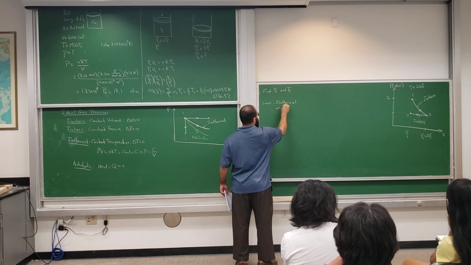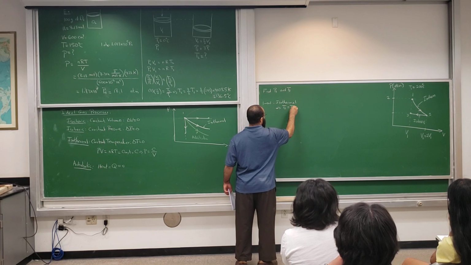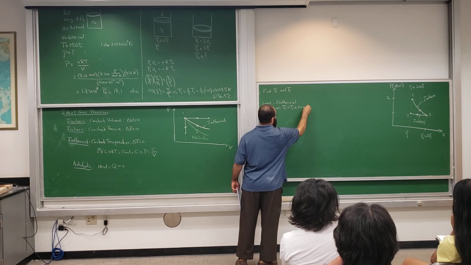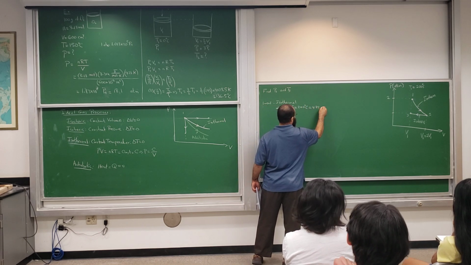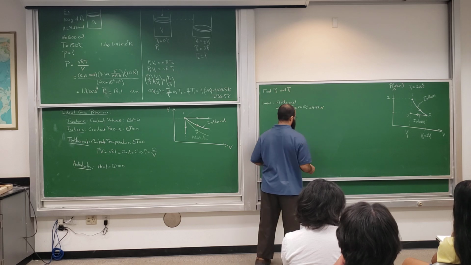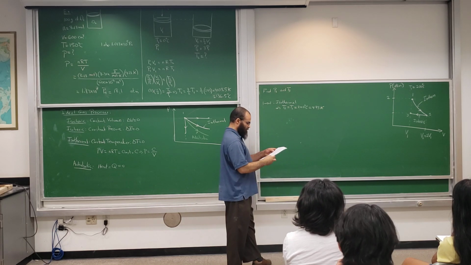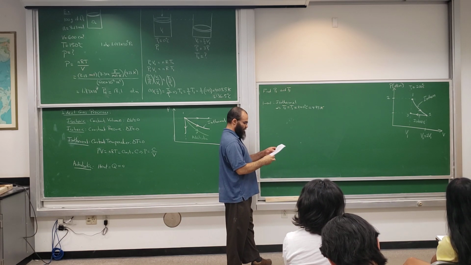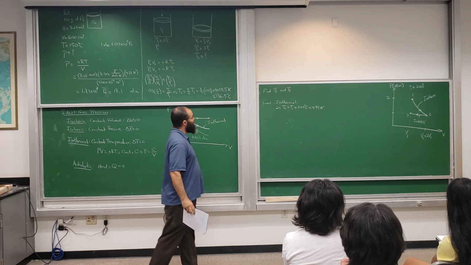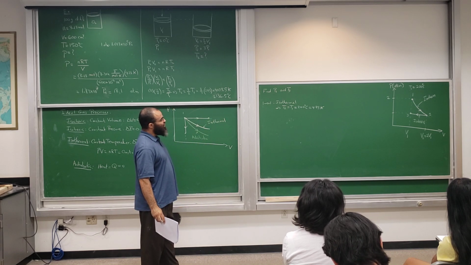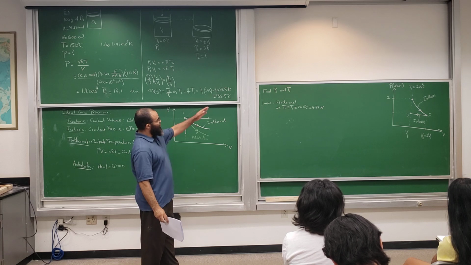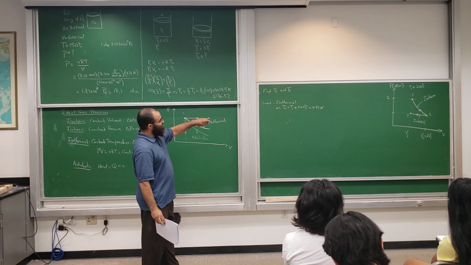That means T2 is the same as T1, and it is 200 degrees Celsius, which is 473 K. Good.